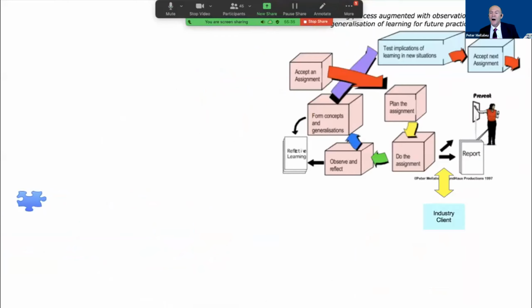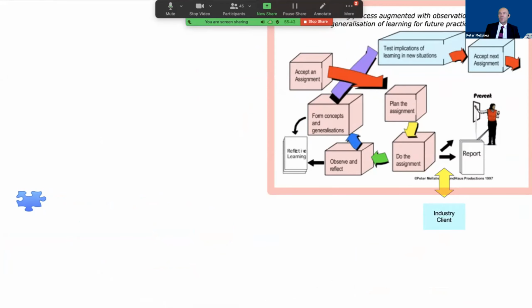Let's have a look at one of the other differences of this course, and that didn't work right. Okay. One of the differences of this course is that traditionally in a course you accept an assignment, you plan it, and you deliver a report, and you might present it. So in this course we are using something called authentic learning.